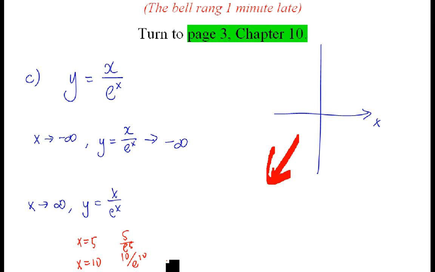Obviously, if you key into your calculator, e to the power of 10 will be a lot bigger than 10. e to the power of 100 will be a lot bigger than 100. So we can quite safely say that the denominator tends to infinity faster. Then we say this tends to 0 plus. The reason I put plus here is because it is a positive number. This can never be a negative number.